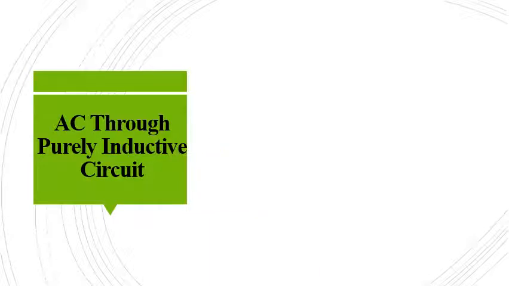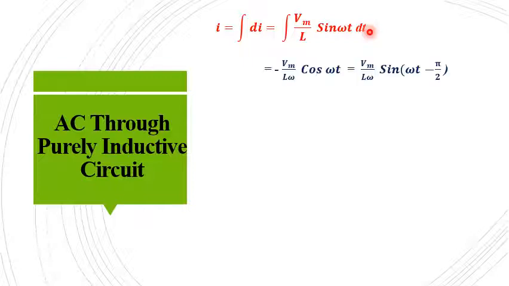So the current through the circuit, I equal to integral of di, substituting for di, that is Vm by L sin omega t. The integral of sin omega t with respect to t is minus cos omega t by omega. So we get I equal to minus Vm by L omega cos omega t. Minus cos omega t can be written as sin of omega t minus pi by 2.